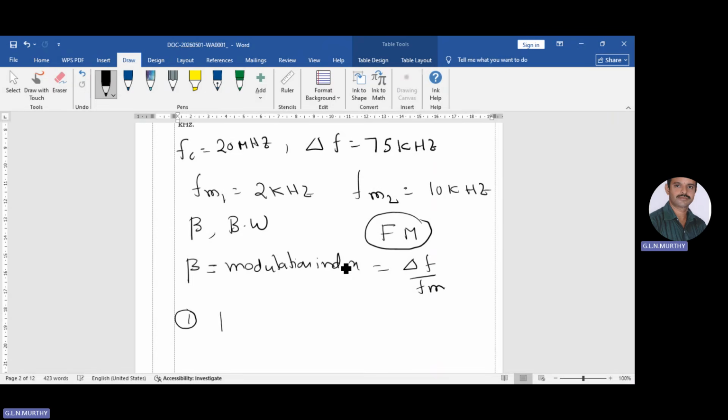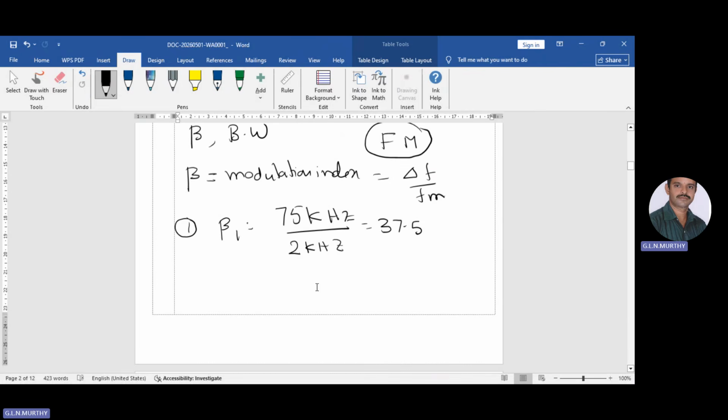Beta 1: the frequency deviation given is 75 kilohertz and the message frequency is 2 kilohertz, so 75 kilohertz by 2 kilohertz. It will be around 37.5.